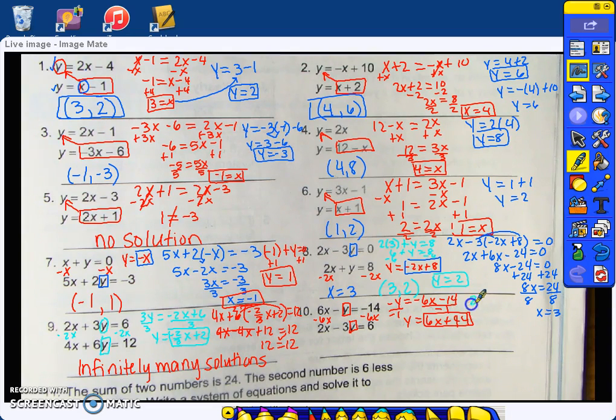That gives me 2x minus 3 times 6x plus 14 equals 6. Negative 3 times 6 is negative 18. Negative 3 times 14 is going to give me negative 42.